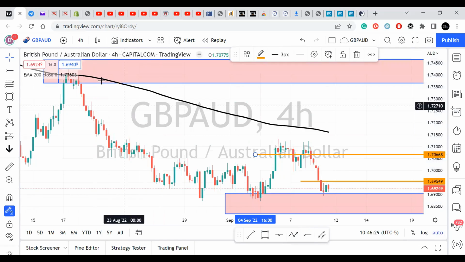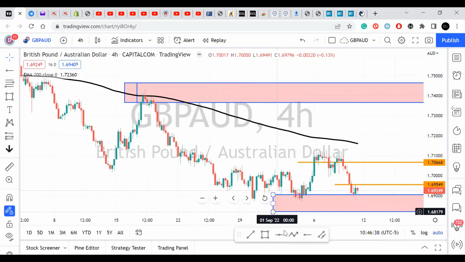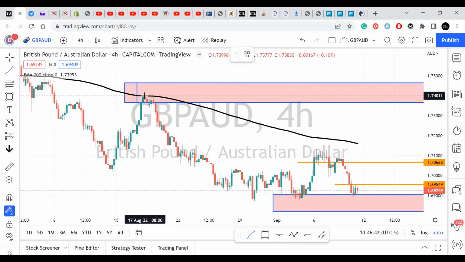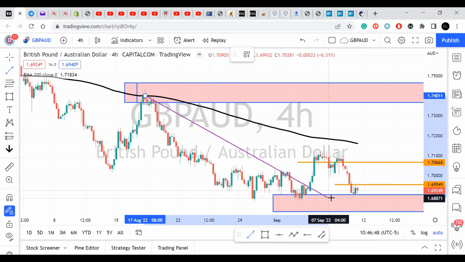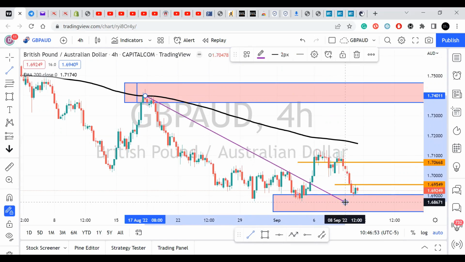So on this our daily chart, you can see that. Let me plot a trend line. So let's say I have this trend line here, touching this structure here. Then I extend it. So I had something like this, the trend line.